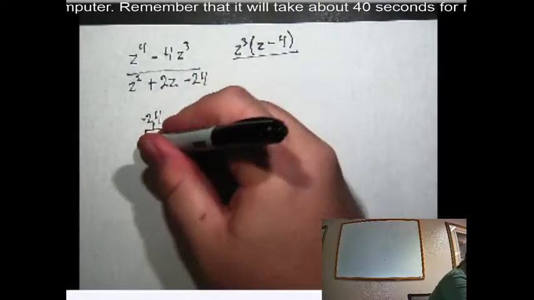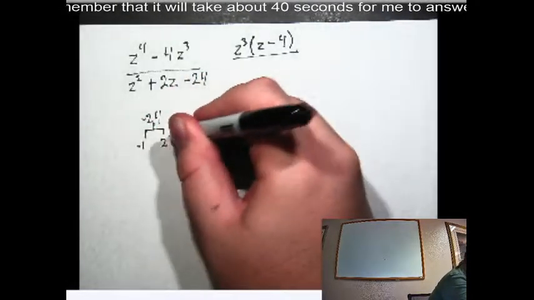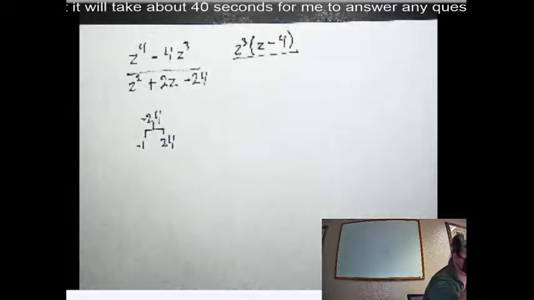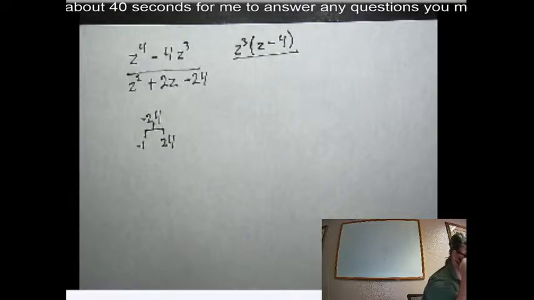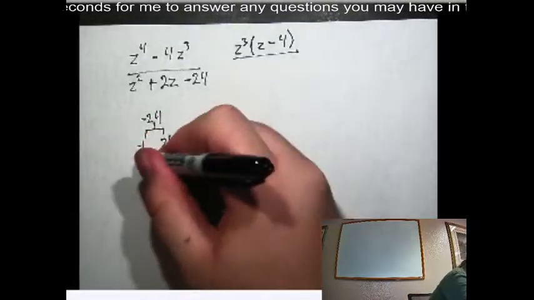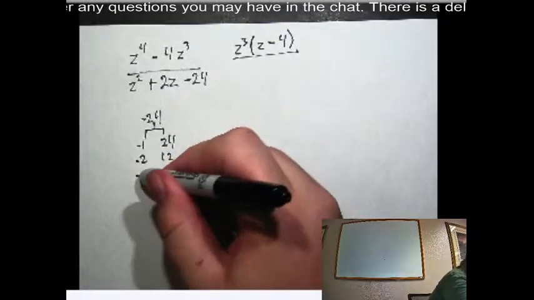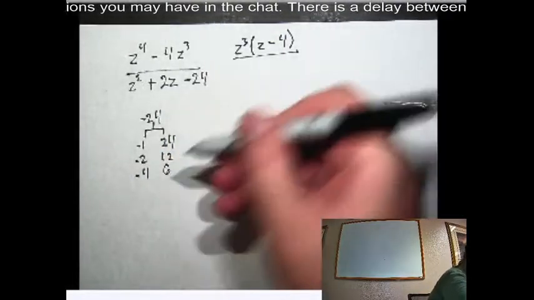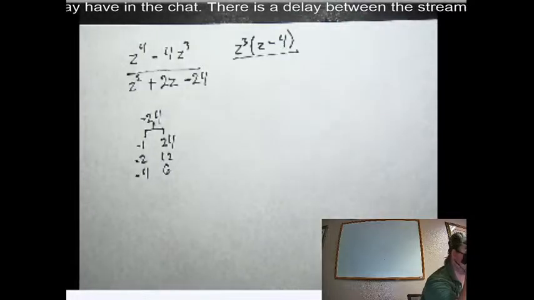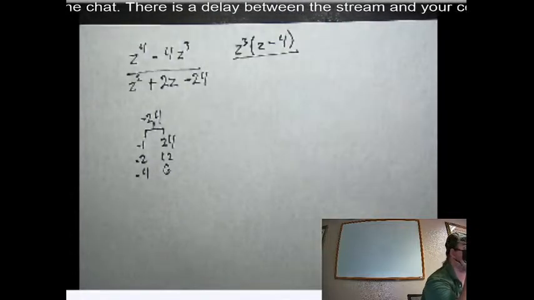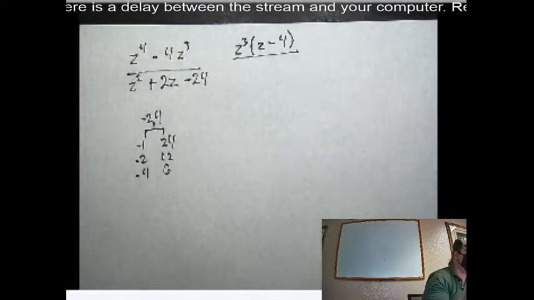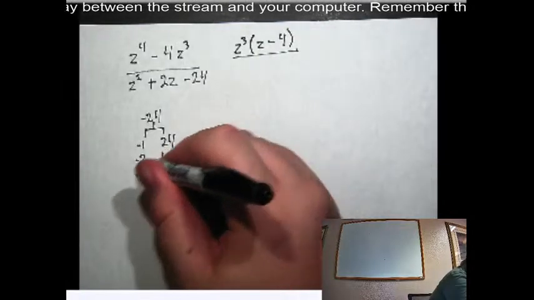So let's find factors, negative 1 and positive 24. What else? I heard 2 and 12, 6 and 4. Do we have what we need? Yes. Which one? Good.